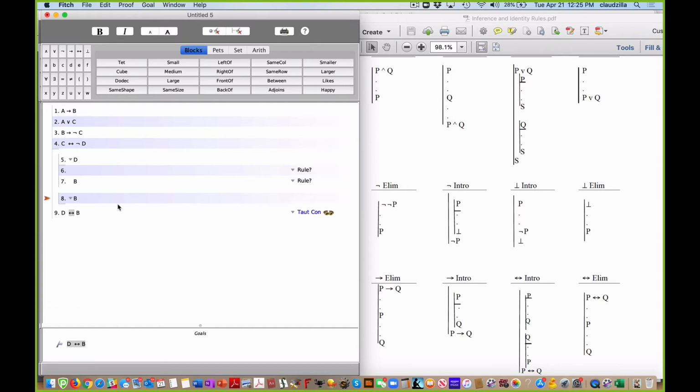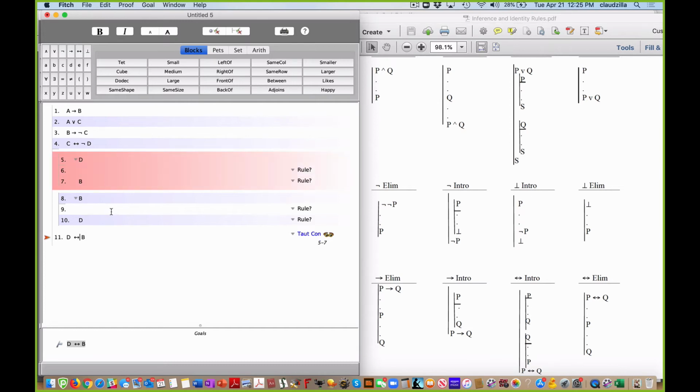Typically, it's an immediately successive set of subproofs, where first we assume one side, derive the other, then we assume the other side, derive the one. Think about your biconditional intro as a double conditional intro subproof set. If I have D, then I have B, and if I have B, I have D. In other words, D if and only if B.